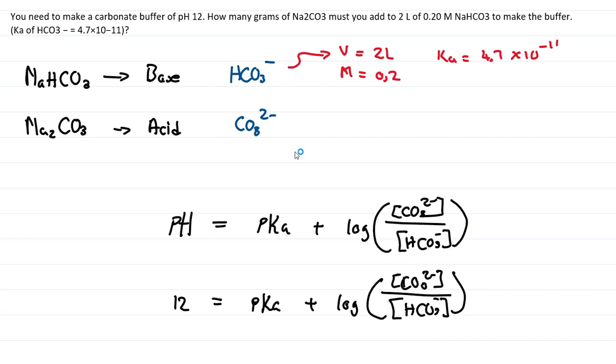Now from this equation there's something missing for us to find that ratio. So pKa is missing, but we can find pKa since we are given the Ka.